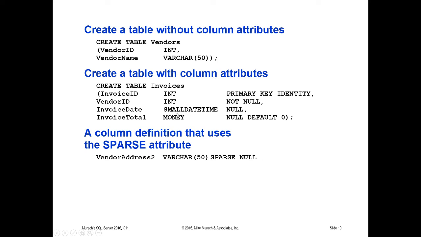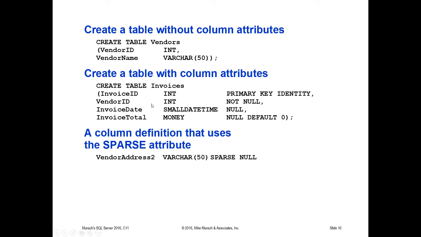The next syntax example shows a create table statement for our invoices table. We have our invoice ID that's an integer. It is our primary key and it's an identity type data. So that means SQL Server is automatically going to assign a unique value to the invoice ID column for every invoice row that's created.